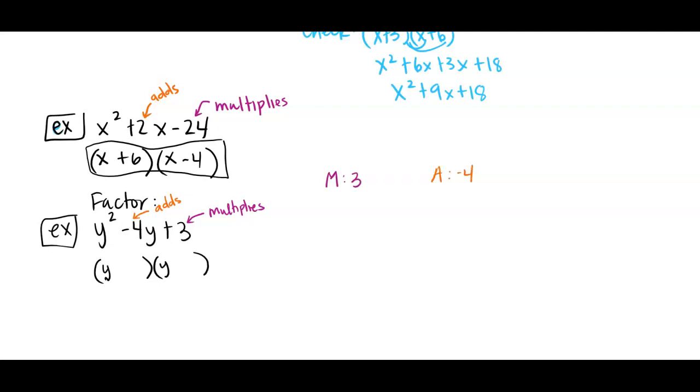All right, so when we're thinking of 3, well, there's really only 1 times 3. But remember, to get a positive answer, we could do a negative 1 times a negative 3. All right? And that still would give us a positive 3 for our answer, right? Or we could have positive 1 and positive 3. Right? But then which one of those is going to add to be our negative 4? All right, so go ahead and write that in there.